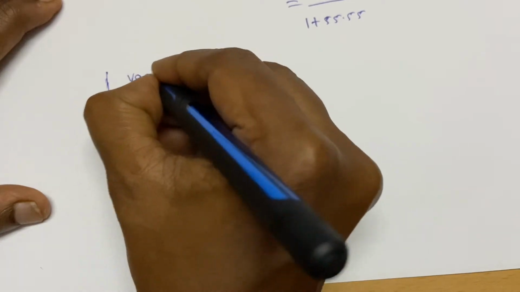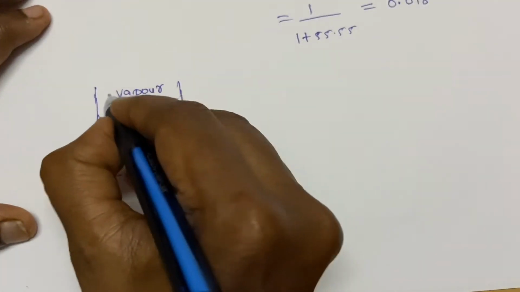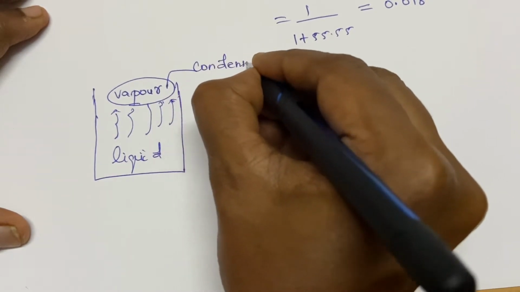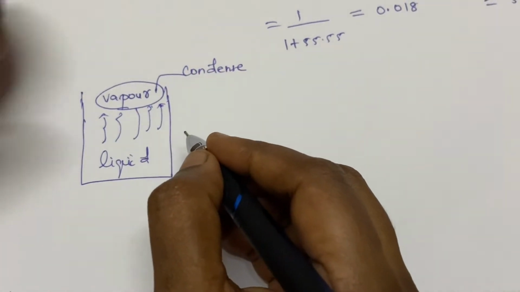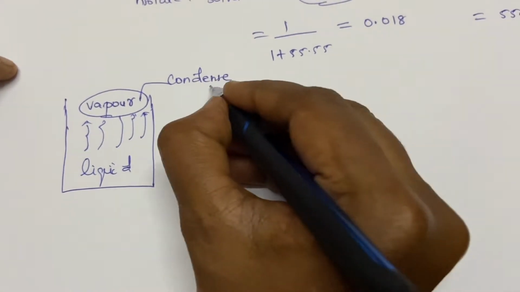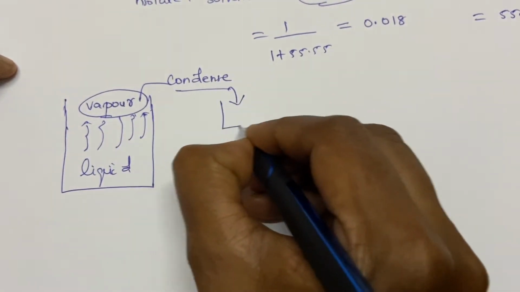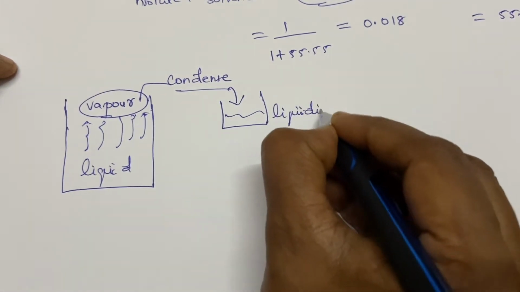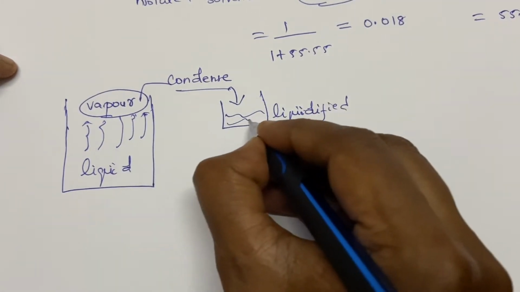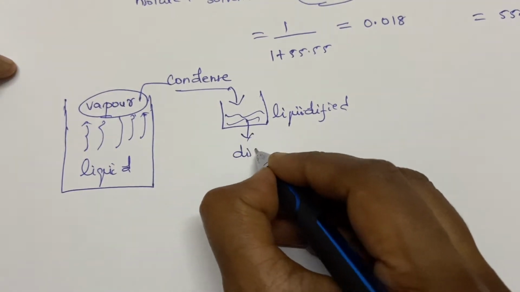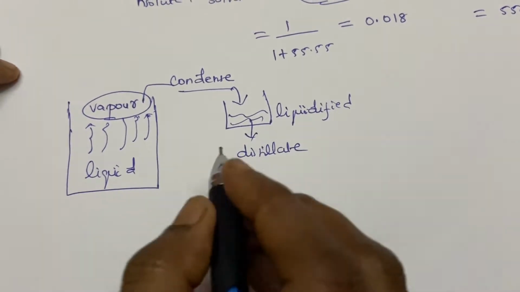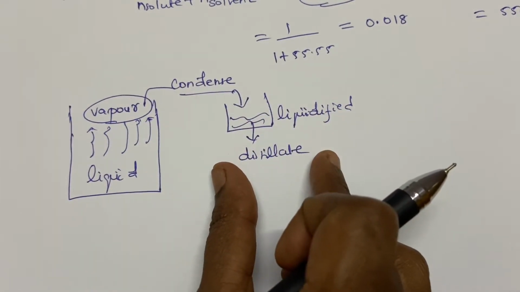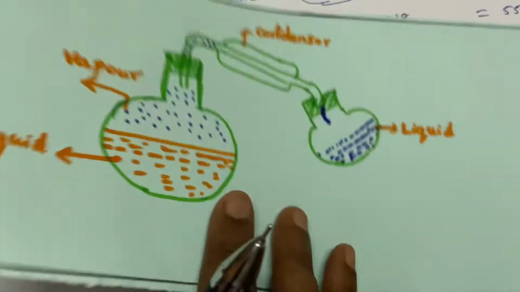If you condense these vapors, meaning you cool them and bring the vapor pressure down, then again it will turn into liquid. This is known as the distillate. The vapor turning into liquid, this liquid part is known as the distillate. Now I will tell you how to solve the problem.